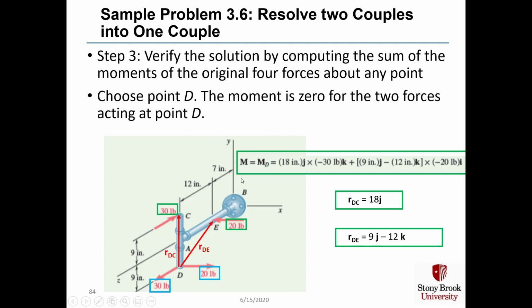And it's a minus 12 inches in K because point E is 12 inches closer to the origin than point D is. So you have to go in the minus z direction to get from point D to point E.